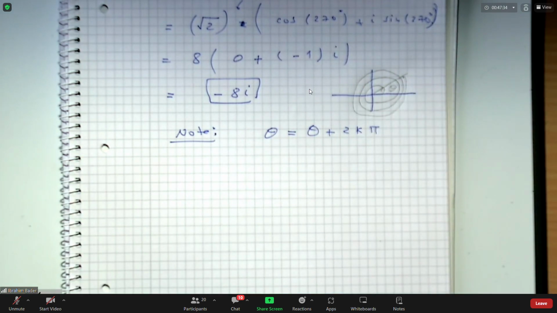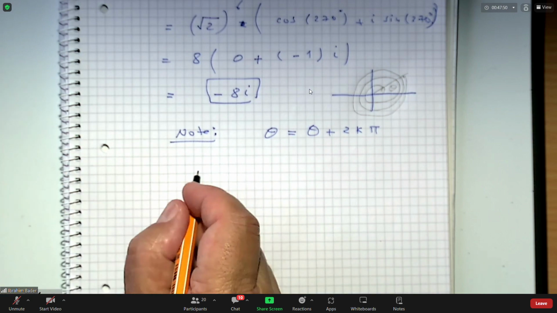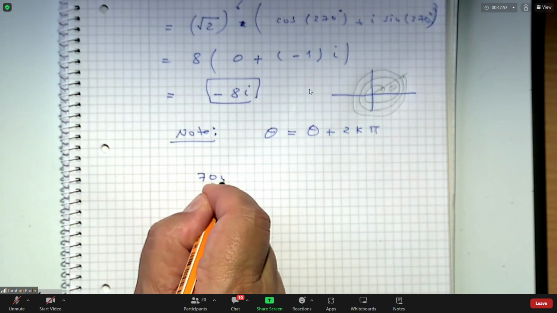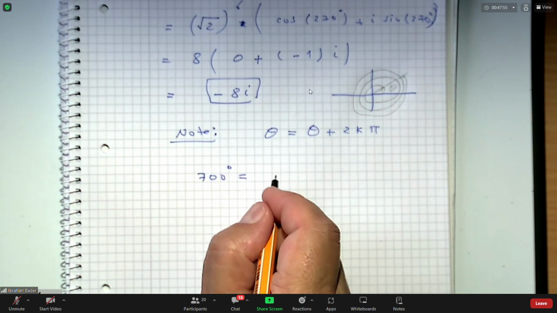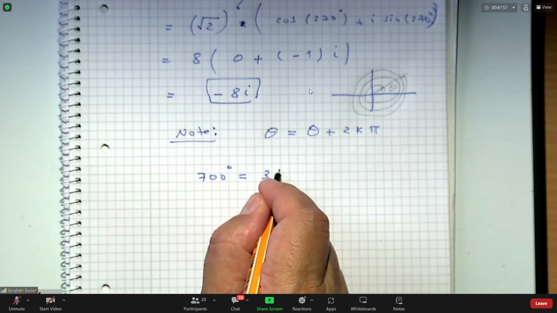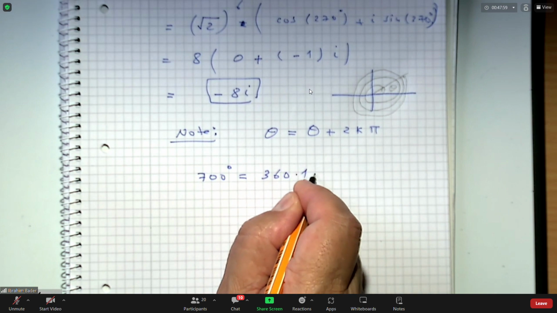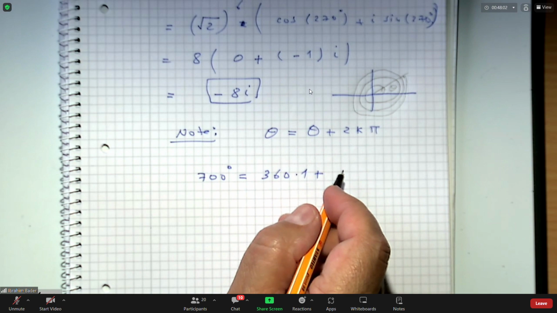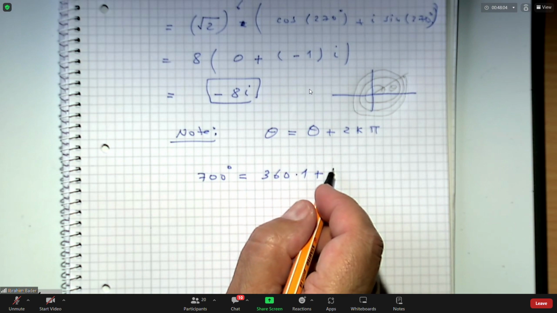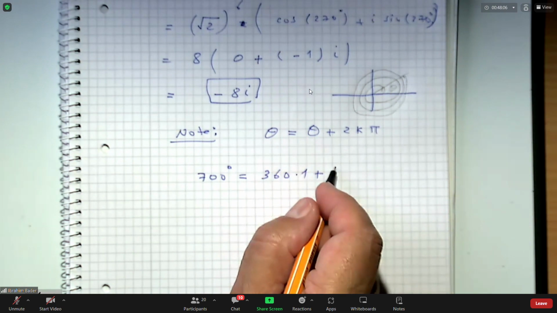So for instance, if you got an angle 700, this is similar to dividing by 360 and taking the rest. If you have the angle, let's say 700 degrees, this is equal to 360 times 1 plus what we end up with, 340, right?